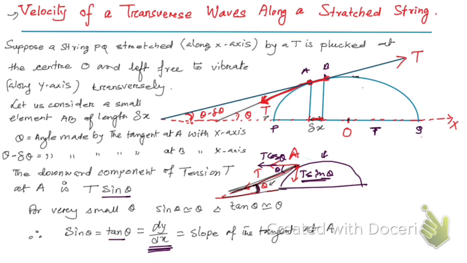Combining these two results, sine theta is the downward component. For very small theta, sine theta is approximately equal to tan theta, which is equal to dy by dx. So we can write that the downward component is tension T dy by dx. This is the downward component of tension.